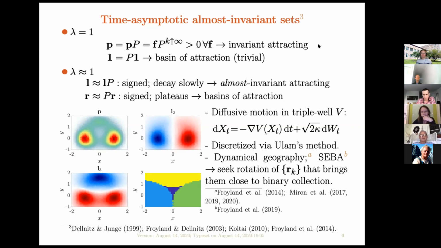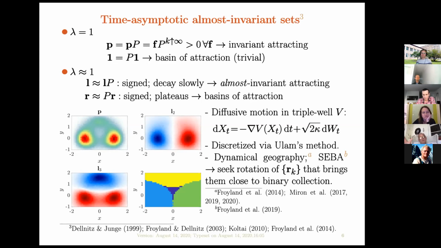And as it's invariant and limiting, in a sense we can think of this as highlighting invariant attracting distributions. The right eigenvector, because of row stochasticity, is constant.